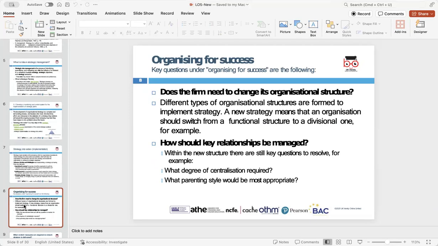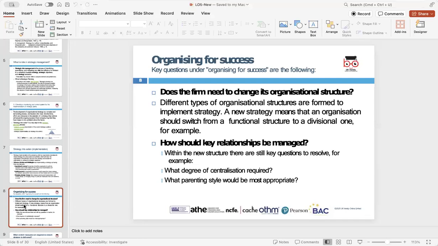Okay, organizing for success requires making fundamental decisions about an organization's structure. When a new strategy is introduced, the organization may need to adjust its structure to better align with the strategy.